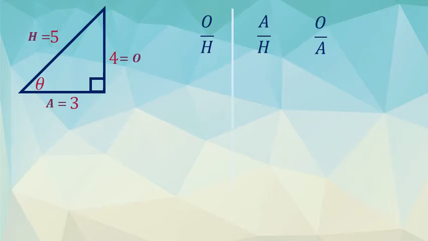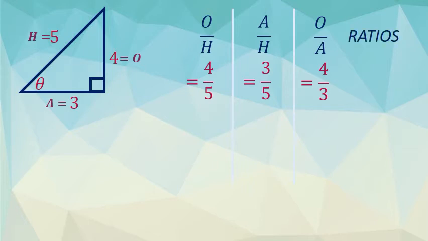If we fill in the corresponding values, we'll see that opposite over hypotenuse will be 4 over 5. Adjacent over hypotenuse will give you 3 over 5, and opposite over adjacent will give you 4 over 3. Easy peasy. Since those are simplified fractions, we call those ratios.